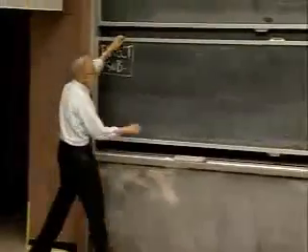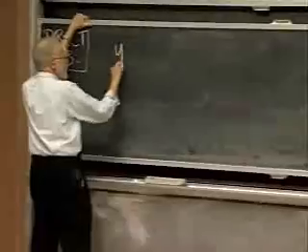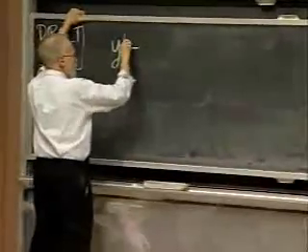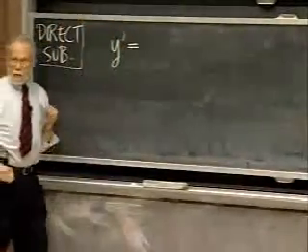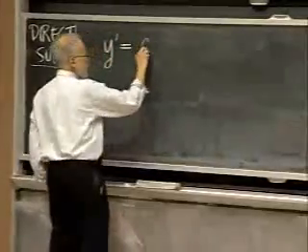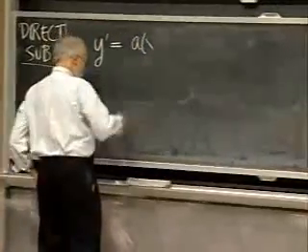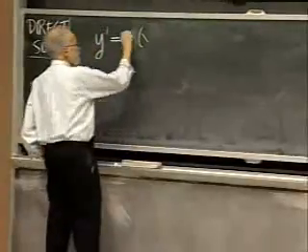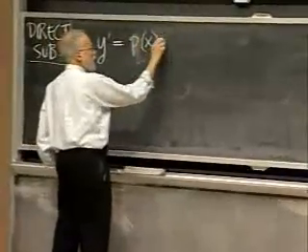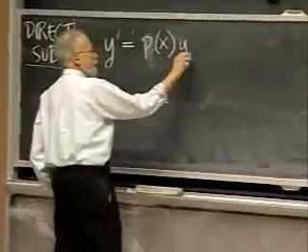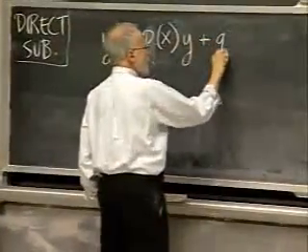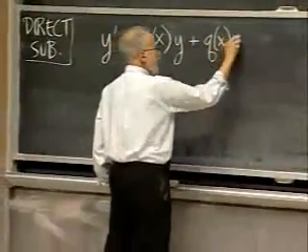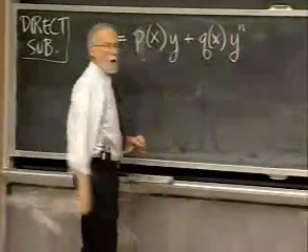So it applies to an equation of the form y prime equals, with two kinds of terms on the right-hand side: P of x times y, plus q of x times any power whatsoever of y.